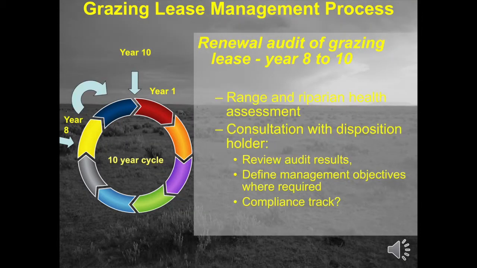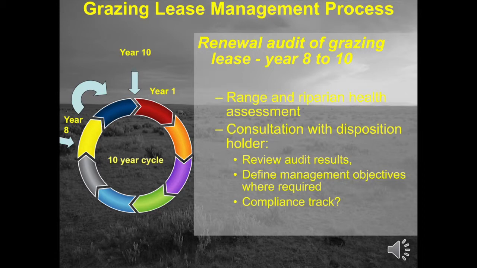And then, as they get towards that renewal date, their audit processes have to kick into gear, where they do range and riparian health assessments. The information that they capture there is a proactive report card back to the leaseholder, where they review the audit results, define management objectives where required, and then sometimes that may take them down a compliance track as well.